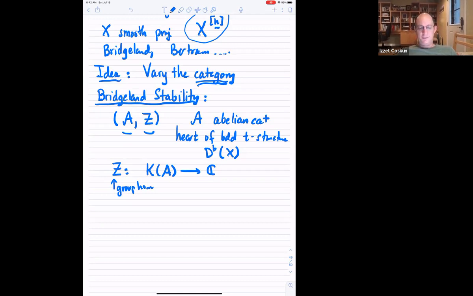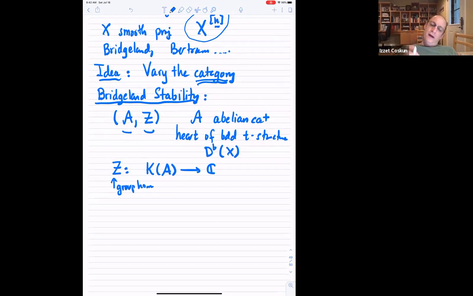So now what are some of the properties? Here the way you should think about it is that we need to build a theory for which stability makes sense.